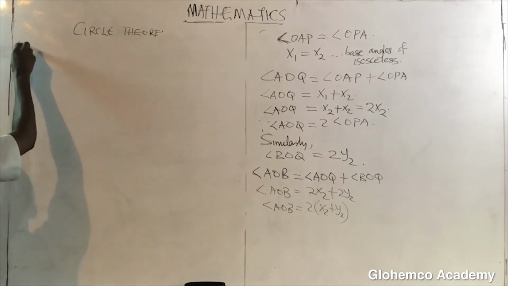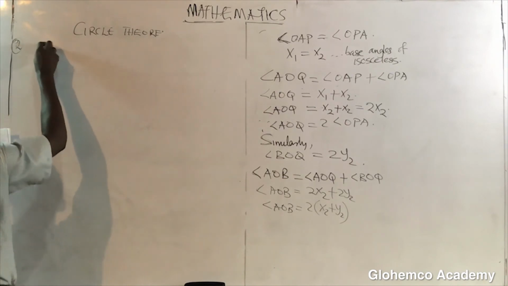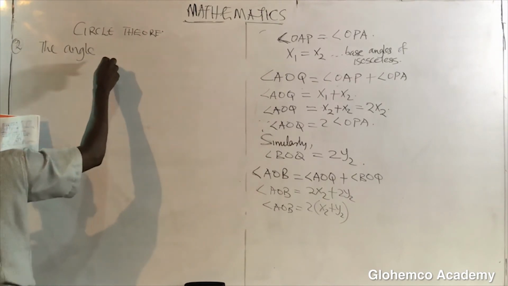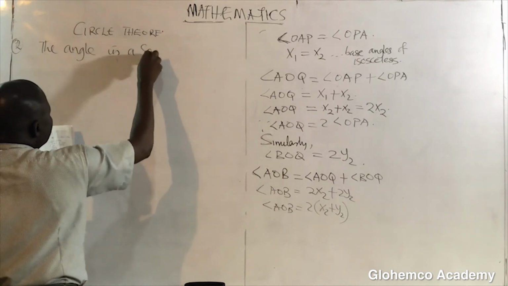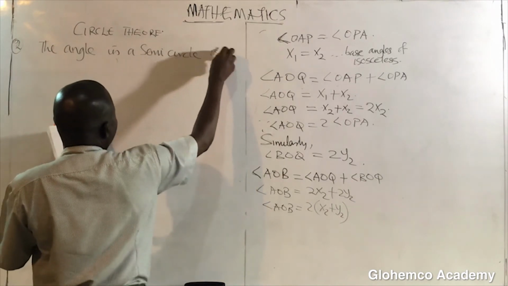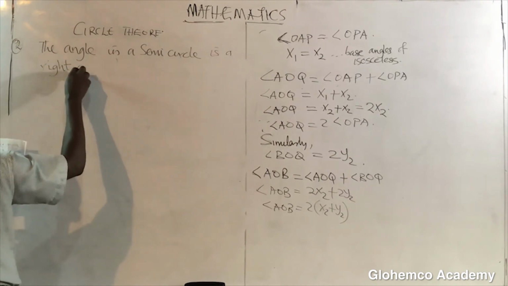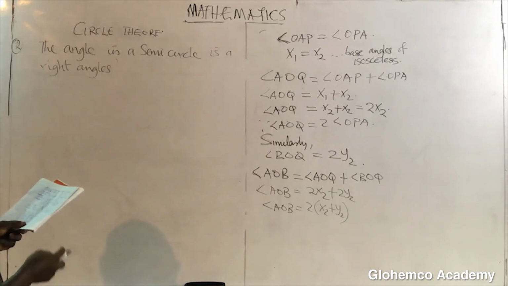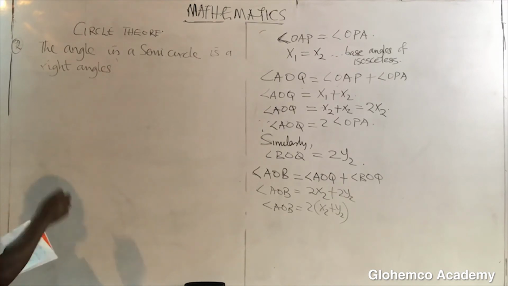The second theorem says the angle in a semicircle is a right angle. The angle in a semicircle is a right angle.